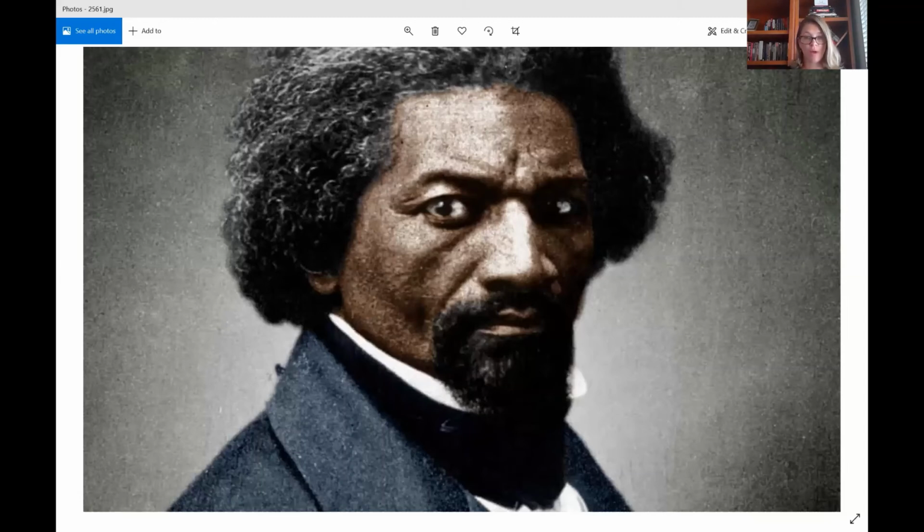Slaves who have run away, like Frederick Douglass, face an imminent threat of capture. In the 1850s, there's a series of compromises made by Congress to appease the South and the North, and no one is really winning, but it's Congress's attempt to navigate out of what will eventually become the Civil War.